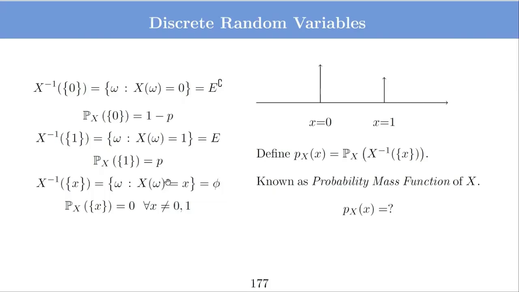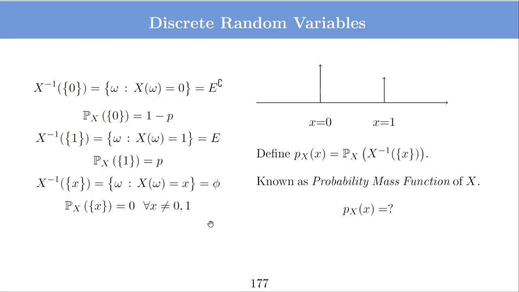No elements map to any other value. So the probability is just 0. So the probability of the singleton set X is 0 for all X which is not 0 or 1, and it is P if X is 1 and 1 minus P if X is 0.